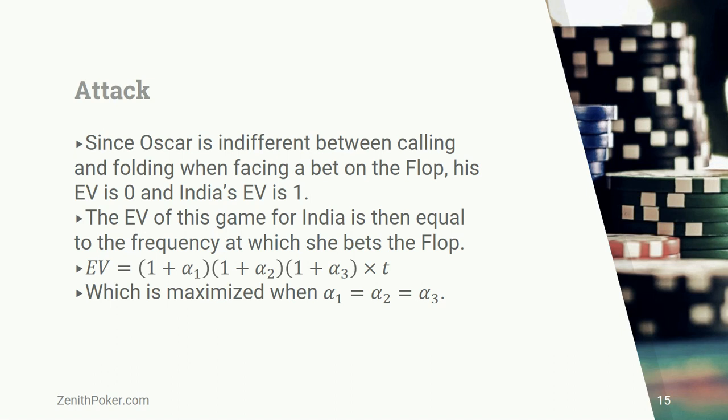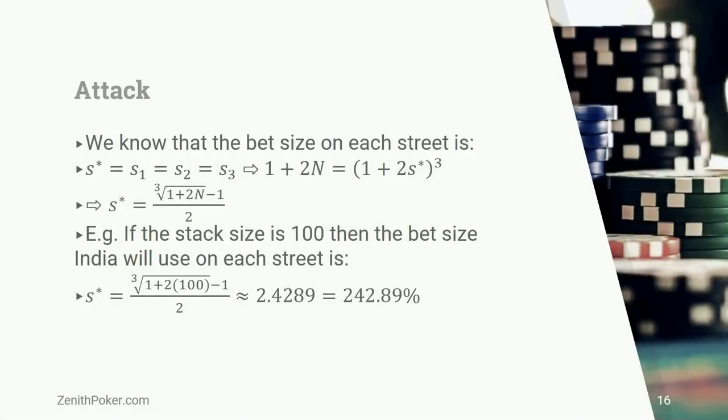And this equation for EV is maximized when alpha 1 is equal to alpha 2 is equal to alpha 3. In other words, the bet size on each street is the same. And so S star, which is the optimal bet size, can be calculated here as a function of the starting stack size.